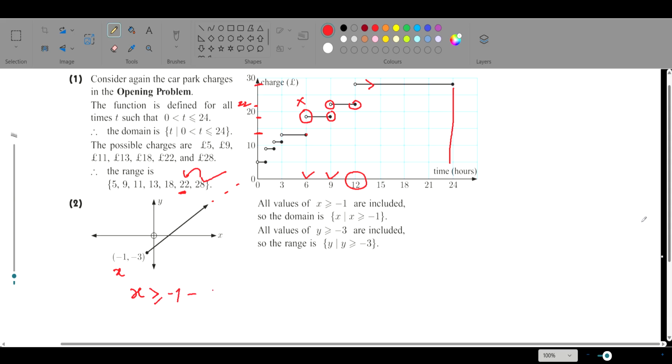This will be my domain for this function. Same goes with the range also. The lowest y value here is -3, and there is no ending of the height on the right-hand side. You can see it's going up and up. So y is also greater than or equal to -3. That's what the range is.